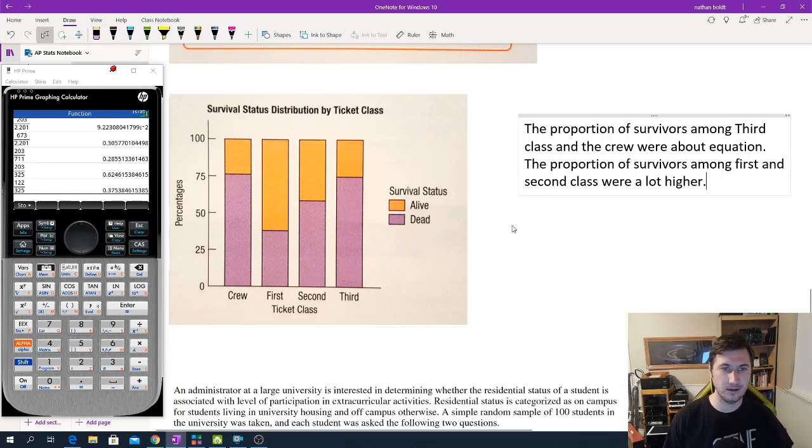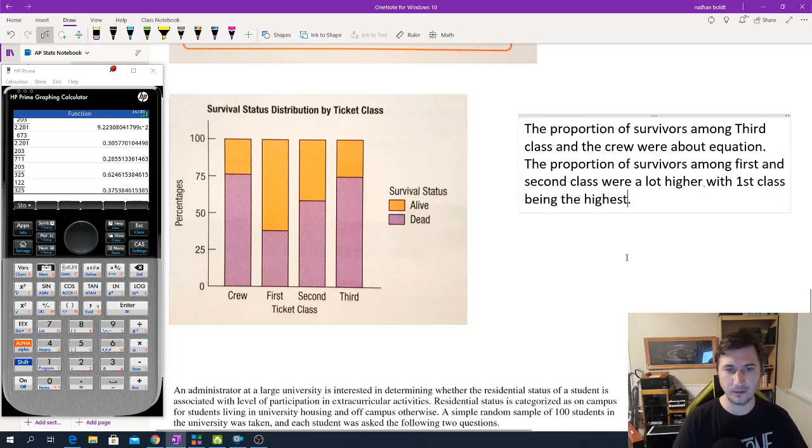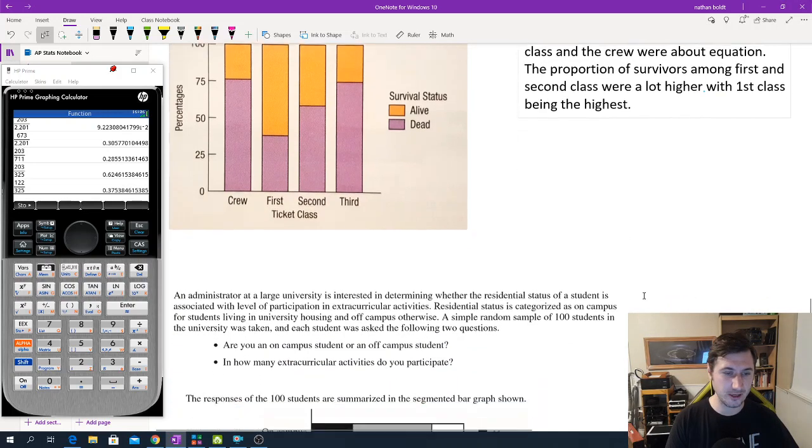All right, they had a lot higher proportion of survivors. I'm looking at the orange part here. Those were much higher. I might even put in that first class was, of course, the highest. With first class being the highest. All right, so there is kind of how we can take a look at the segmented bar chart.